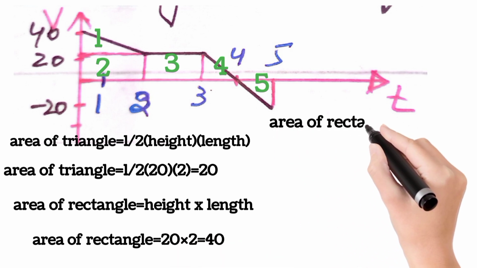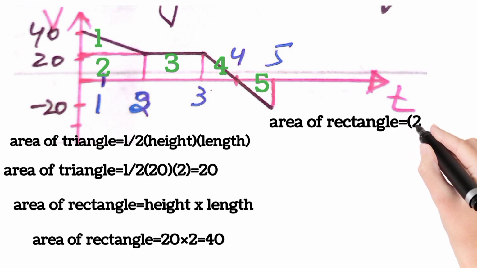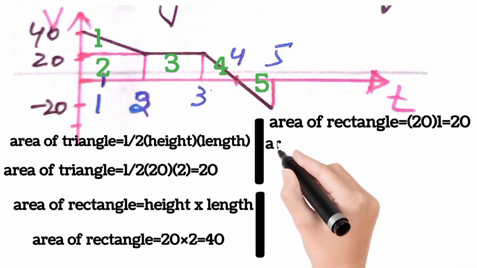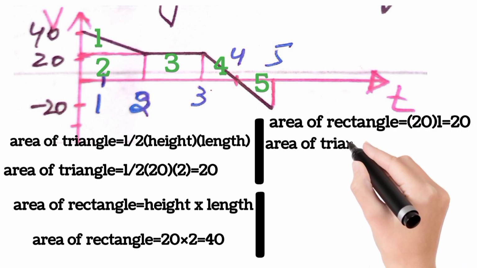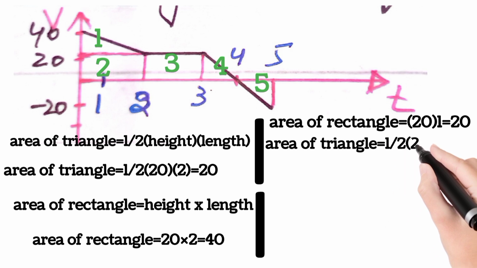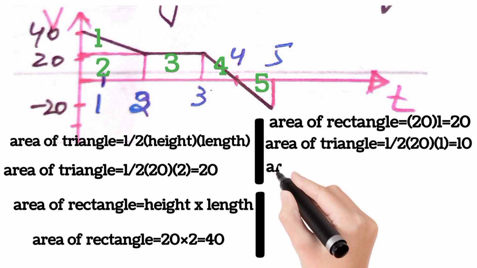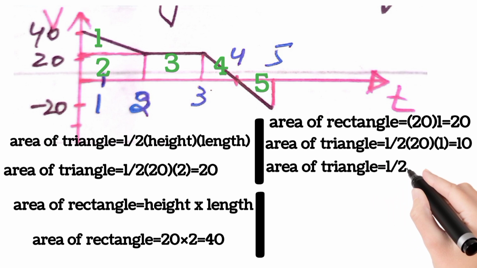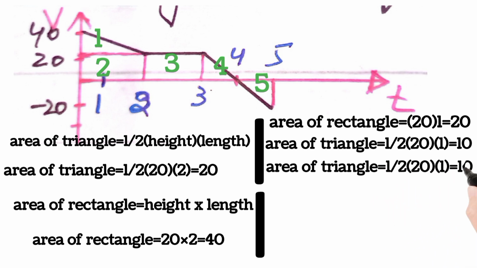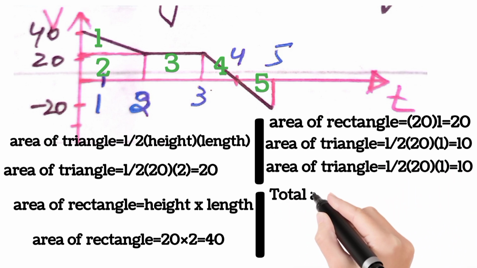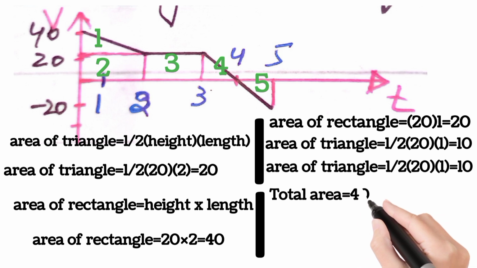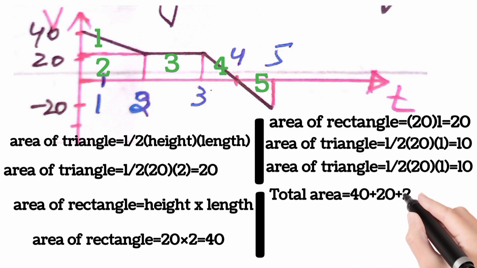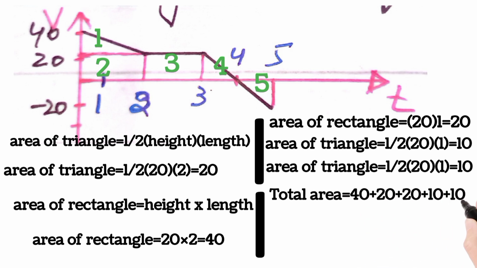Area of the rectangle for the third shape is 20 into 1, answer is 20. Area of the triangle for the fourth shape, 1/2 times 20 times 1 is equal to 10. Area of the triangle for the fifth shape is 1/2 times 20 times 1, equal to 10. Total distance is equal to the total area: 40 plus 20 plus 20 plus 10 plus 10. Answer is 100 meter.